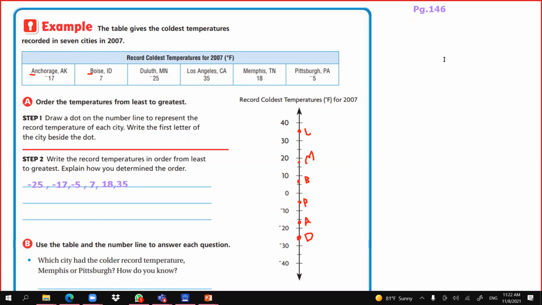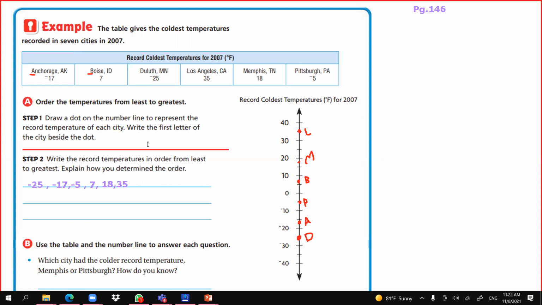Got it. Now how you order them? Explain how you determine the order. Determine, how do you know the order? But she's talking.